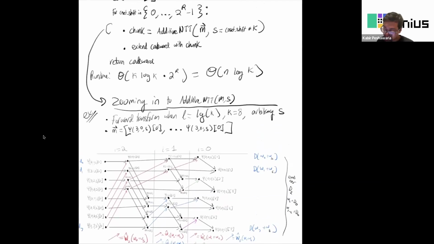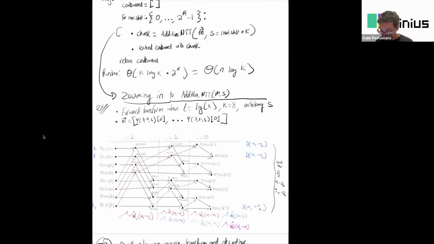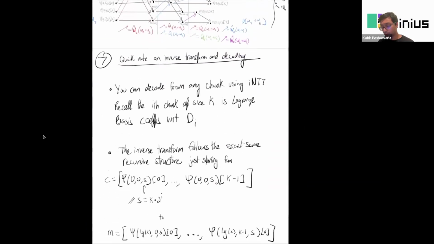So that's section 6. I would take a second and try and fully internalize what just happened here. Now, a quick note on the inverse transform and decoding. You can decode from any chunk using INTT. It's preferable if you use one coset.